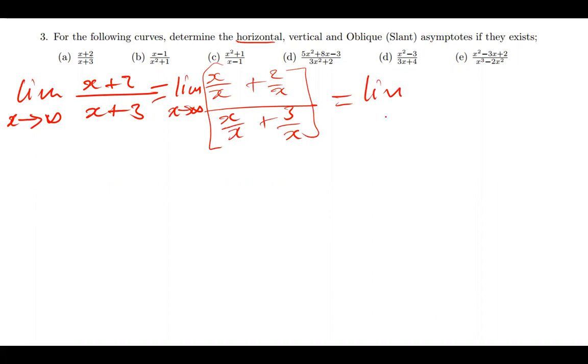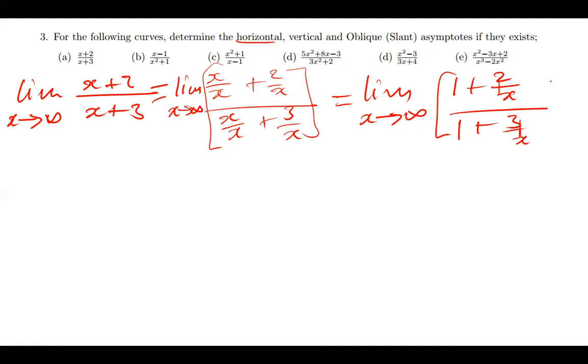So we can simplify that. We have the limit when x is approaching infinity, and then of x over x, the answer is 1. 2 over x stays as 2 over x. Then everything divided by x over x, which is 1. 3 over x will be 3 over x. So from there, the limit of a constant number 1 when x is approaching infinity is 1. The limit of 2 over x when x is approaching infinity is 0, if you remember what we just discussed on the previous page.